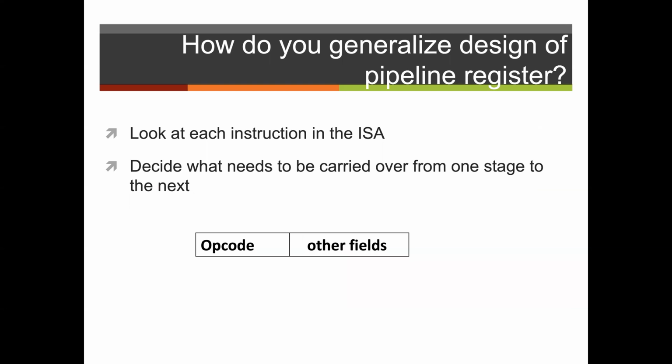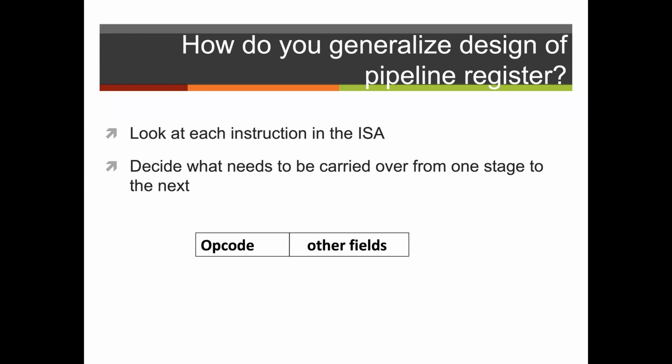So how do we generalize the design of the pipeline register? We can look at each instruction in the ISA and decide what needs to be carried over from one stage to the next, with consideration to appropriate opcodes and other fields.